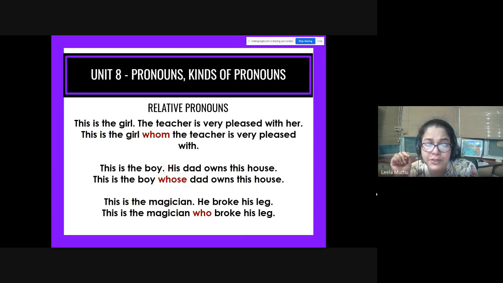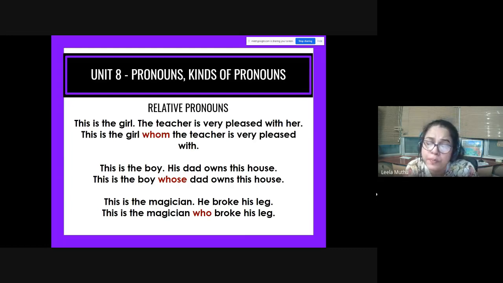So this is the girl whom the teacher is very pleased with. So you don't have to repeat her at all. So whom is the relative pronoun we use usually with people. We use who and whom with people.